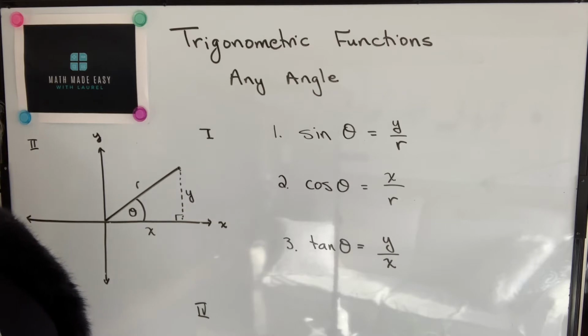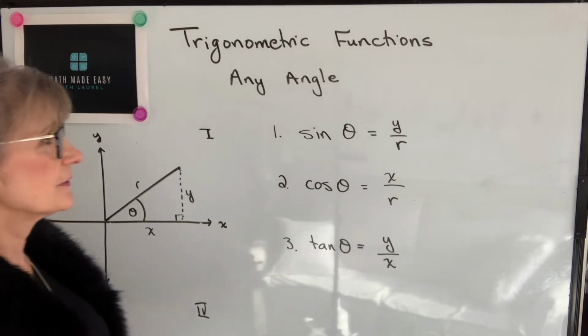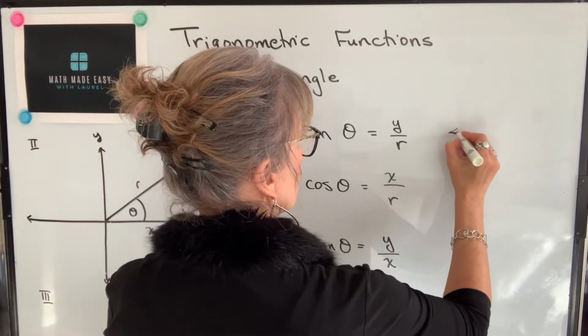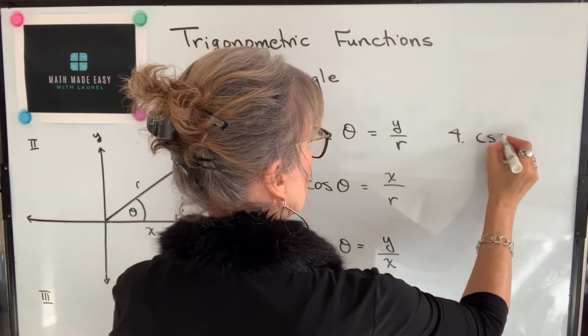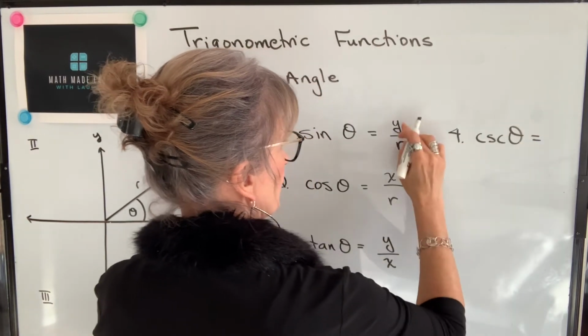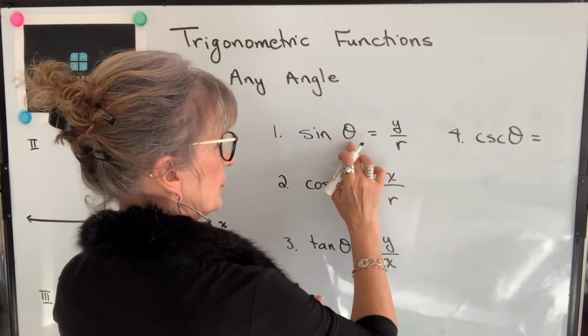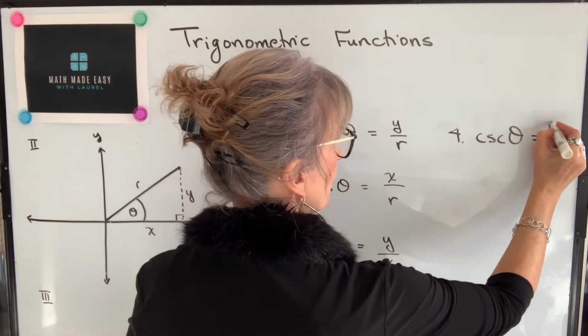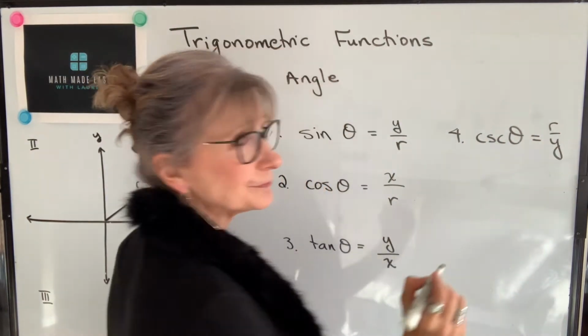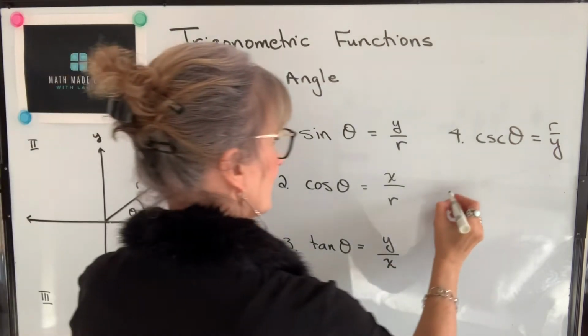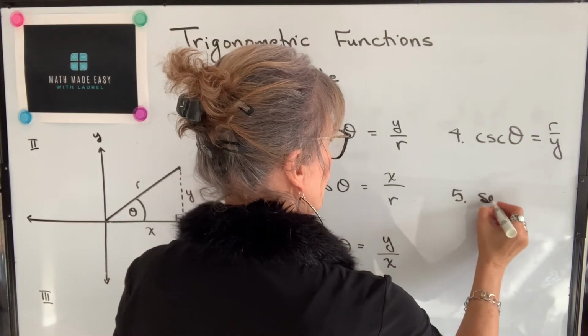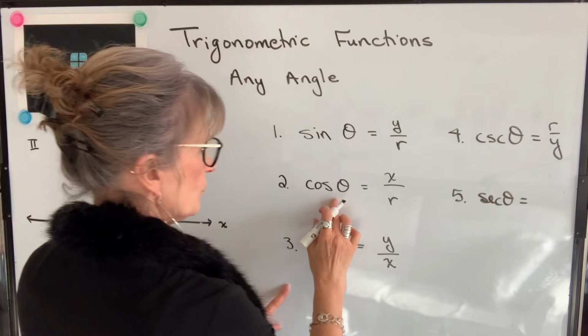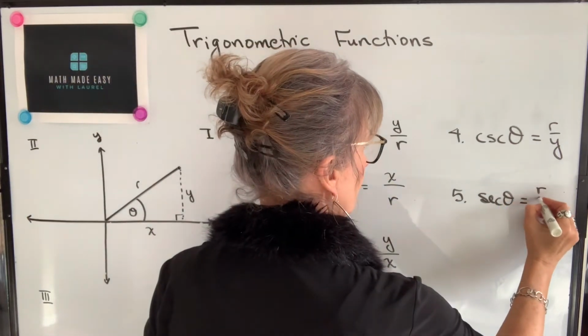Then if we wanted to take a look at the reciprocal functions, cosecant is the reciprocal of sine, so the reciprocal of this would be r over y. Secant is the reciprocal of cosine, so it would be r over x.